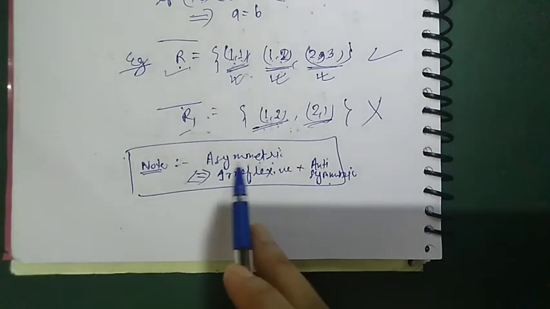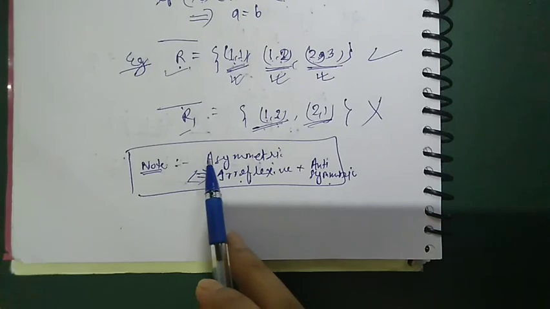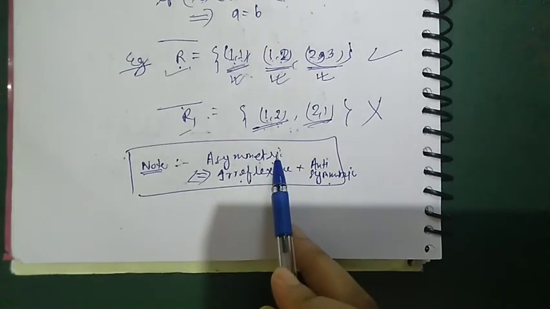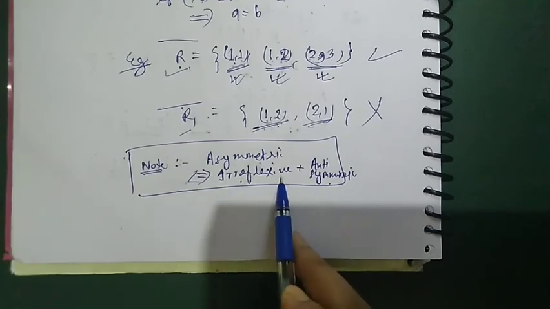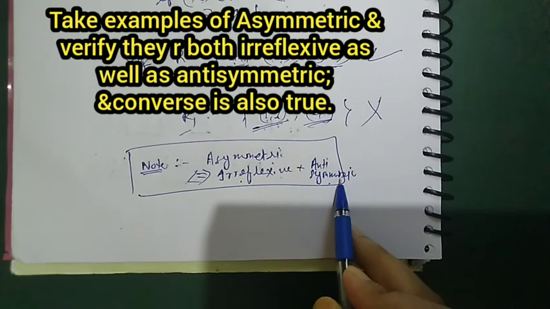And on the other side also, if any relation is an asymmetric relation, then this implies that the relation must be an irreflexive relation and also an antisymmetric relation.